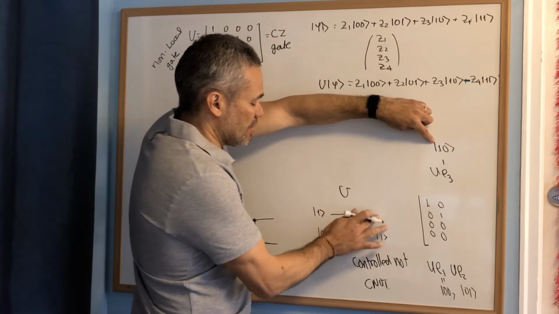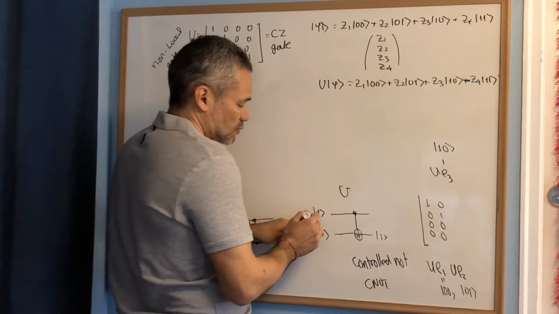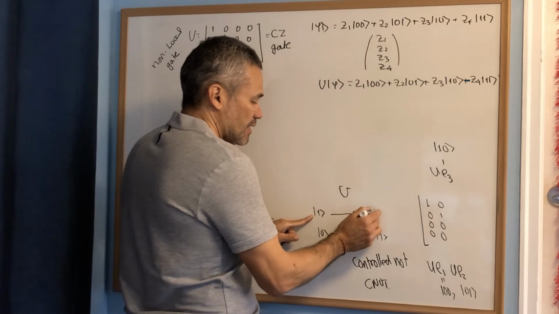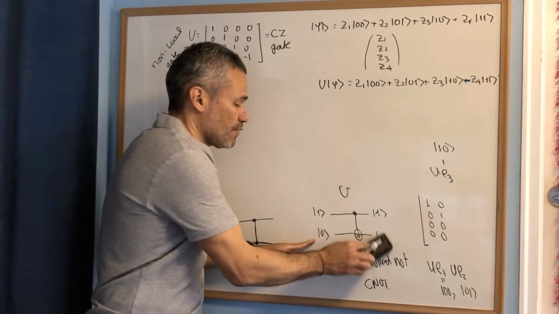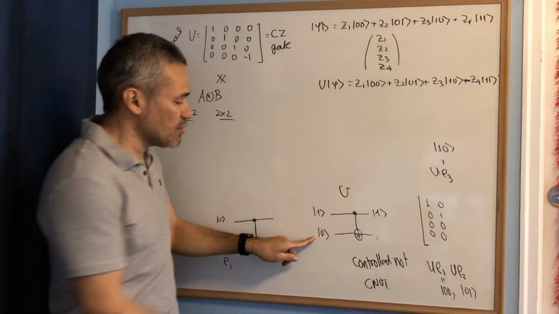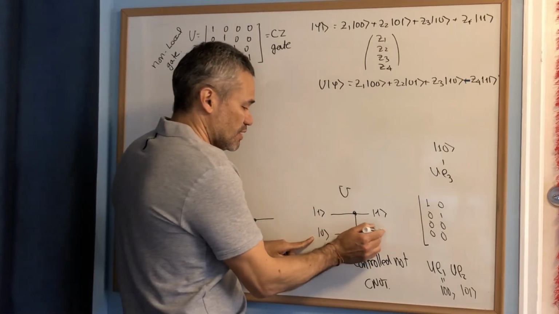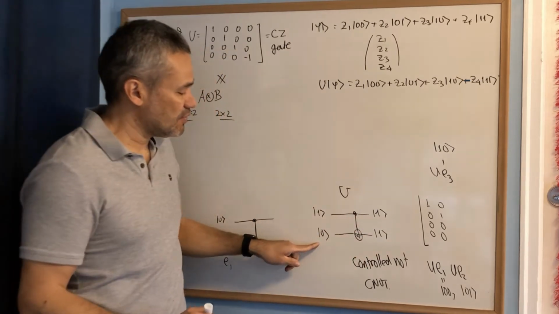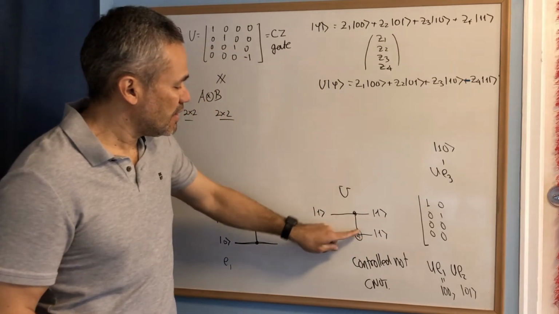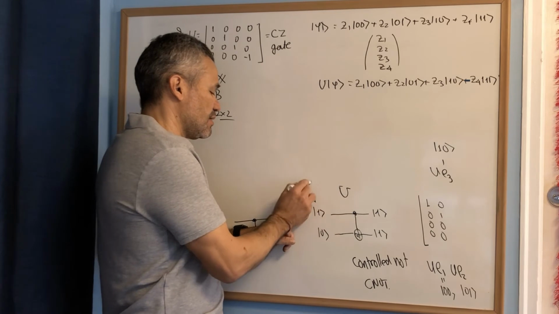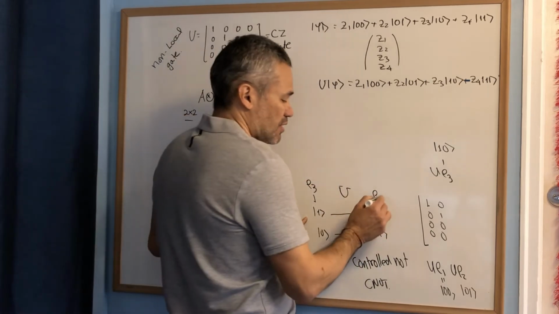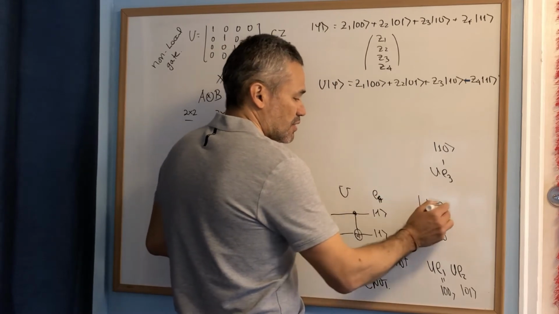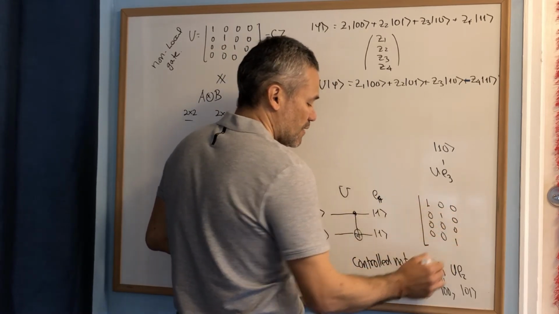Here, when the control qubit is at 1, you just leave it at 1, but the other qubit is going to change. It's going to do the NOT, right? NOT of 0 is 1. This is E3, but the output here is E4. Then we have 0, 0, 0, 1.